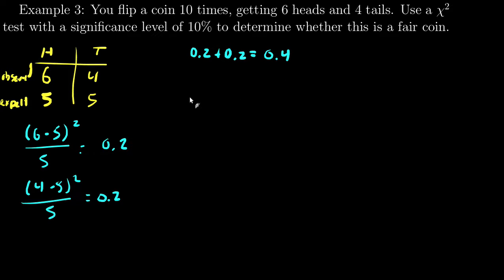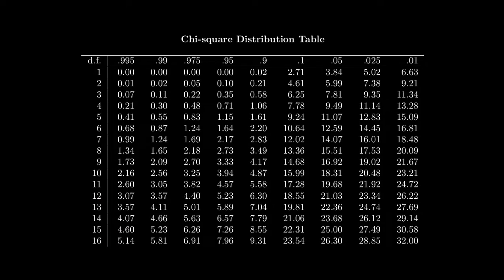And now, I look for the degrees of freedom. There are two possible outcomes, so the degrees of freedom will be 2 minus 1 equal to 1. If I know how many heads and how many total, then I automatically know how many tails there are. The significance level is 10%, so that's 0.1. And I go to my chart. 1 degree of freedom, 10% significance gives me a critical value of 2.71.